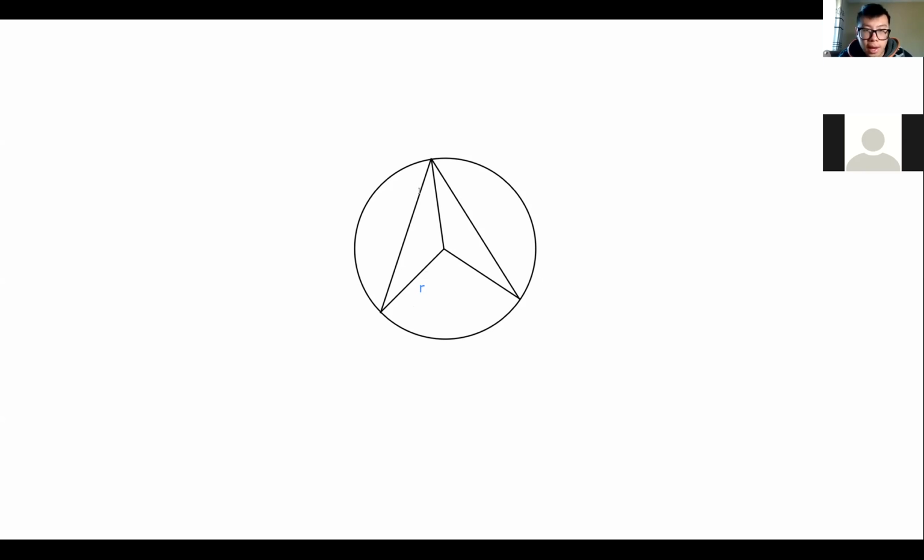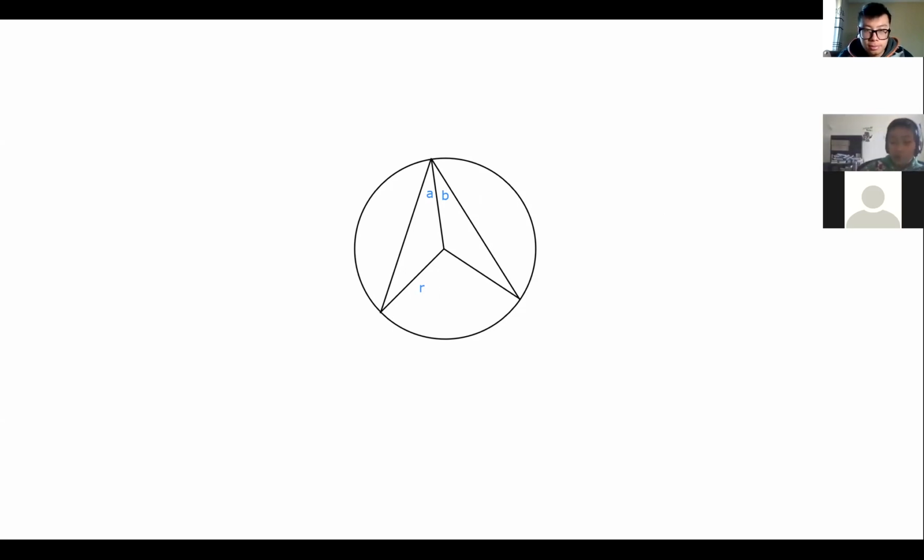Let's call one of them A. And let's call another one B. So I'm going to call this angle right here, between this radius and this large line segment right here, angle A. I'm going to call this angle right here B, between this radius and the right side of the Star Trek. And they're not necessarily equal to each other.